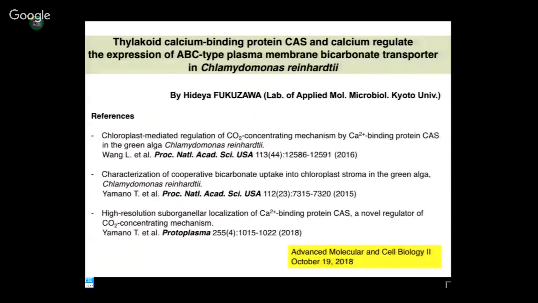Today's title is called calcium binding protein CAS and calcium regulate the expression of ABC type plasma membrane bicarbonate transporter in Chlamydomonas. This work is done mainly by the Chinese student.